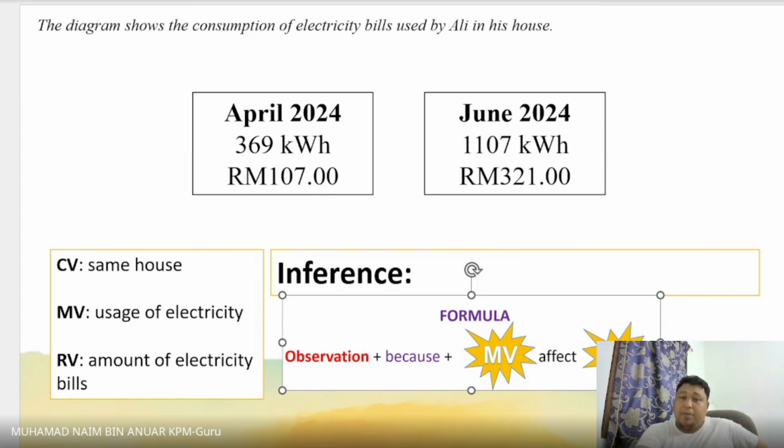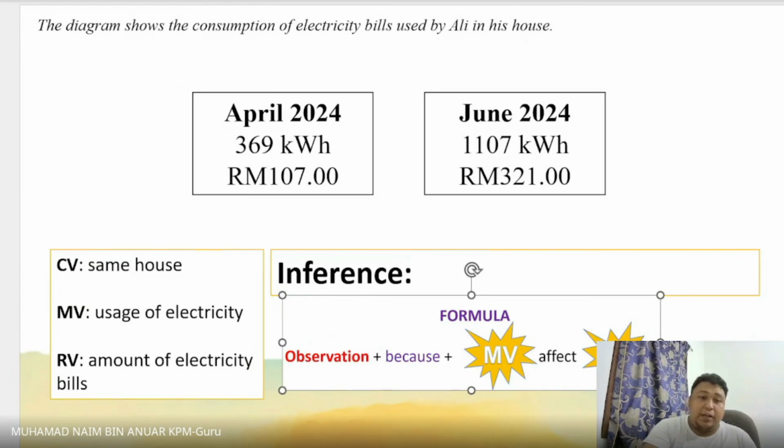Okay, Pang Simon. Ali, electrical usage in June was higher than April in the same house. That's only the observation. After that, Pang Simon, you add the word because. After you add the word because, you put MV. What's MV there? Usage of electricity affects RV, amount of electrical bill.